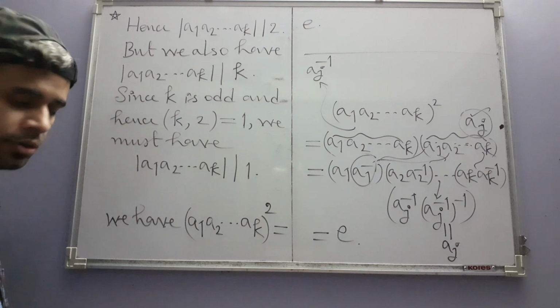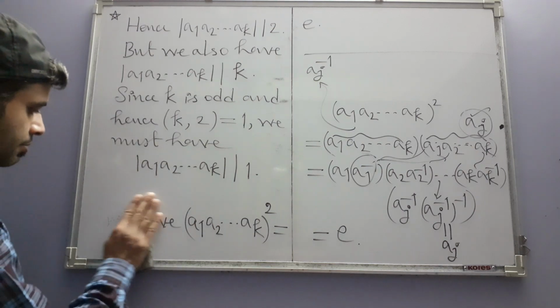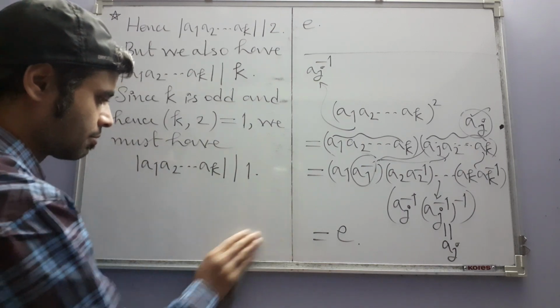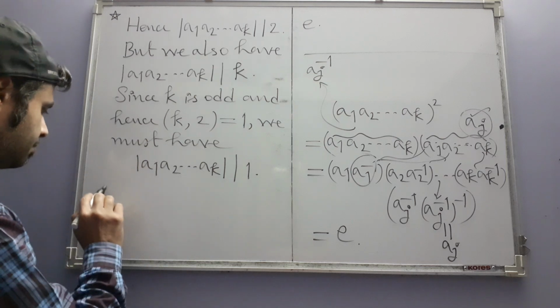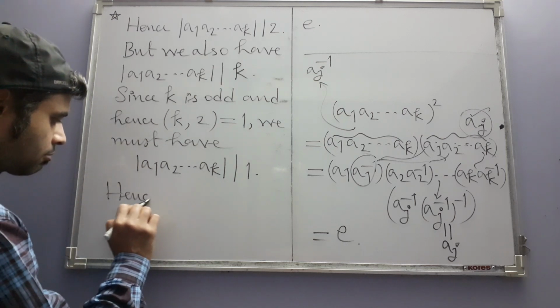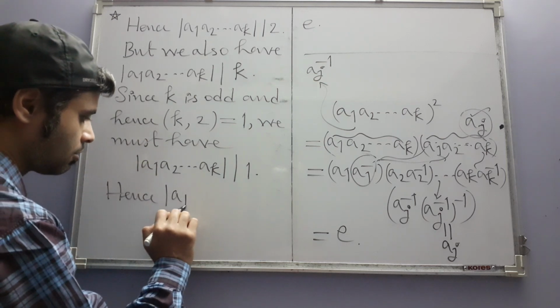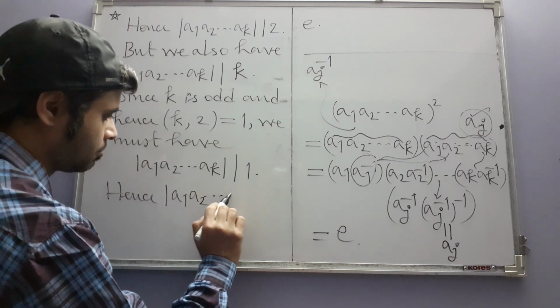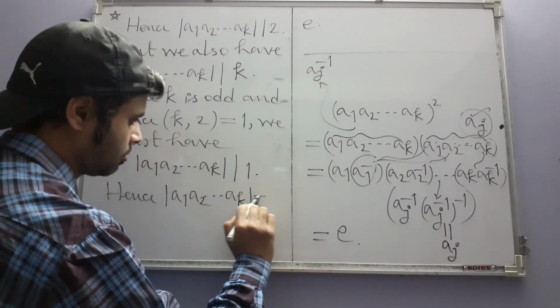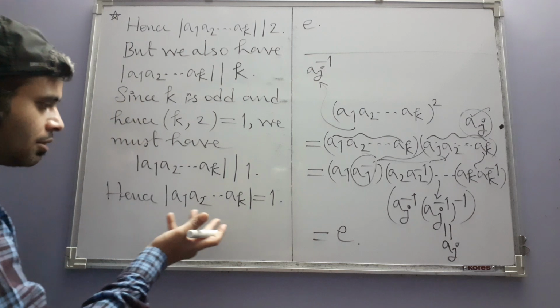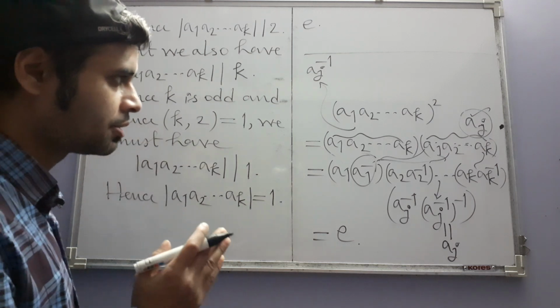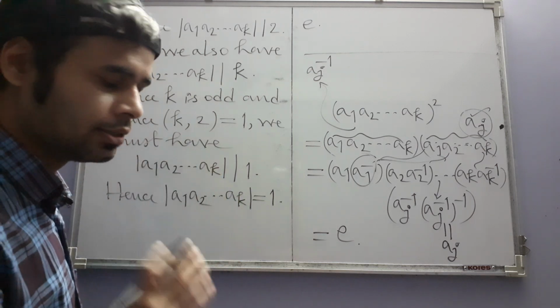And now we can conclude, hence, this order is equal to 1, but we already know that in any group the only element of order 1 is the identity element.